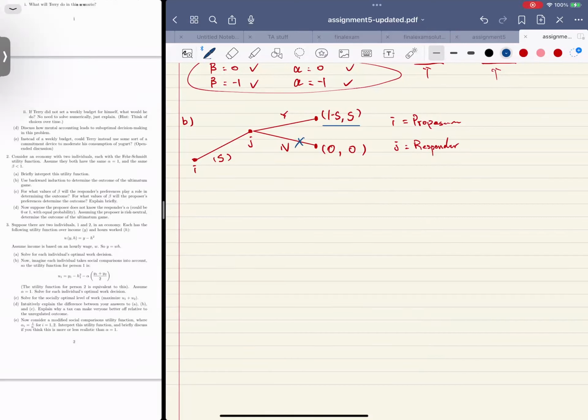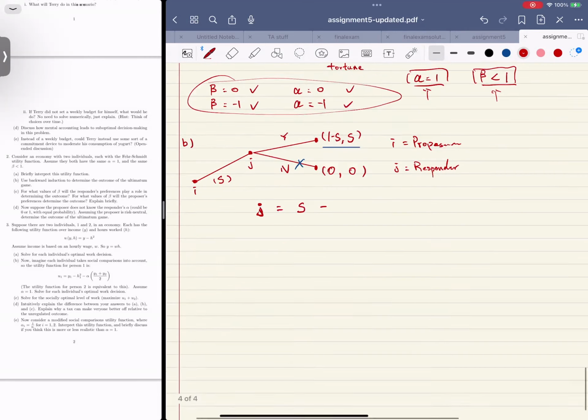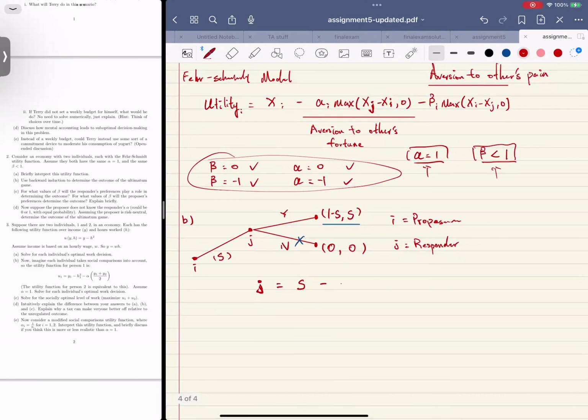So how will J feel about this? J's utility would equal the amount of S it's given minus... Okay, let me just write the whole equation, and you guys tell me what to do.